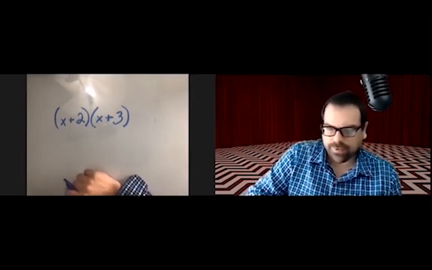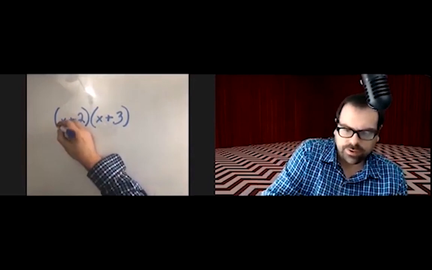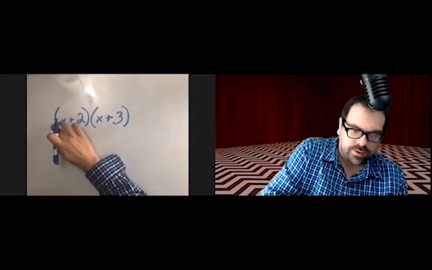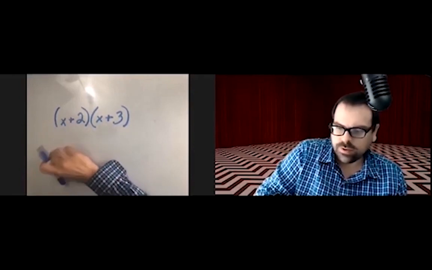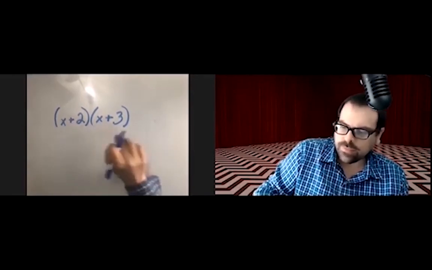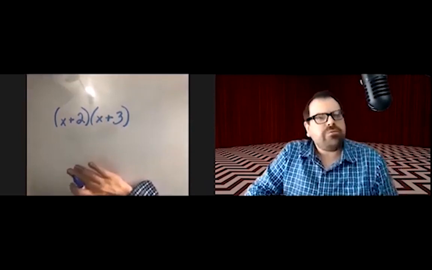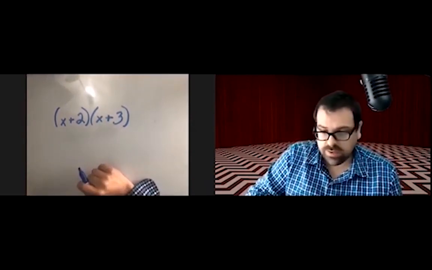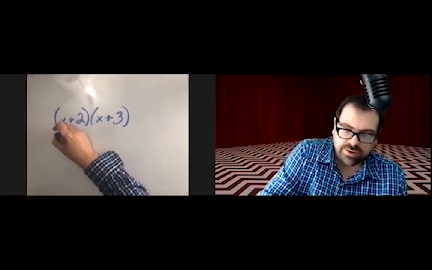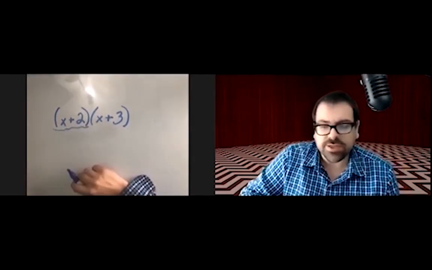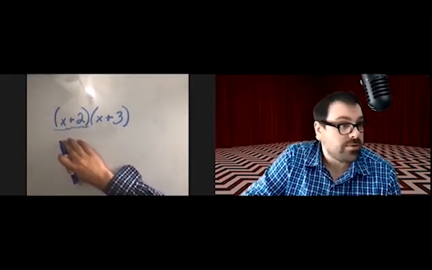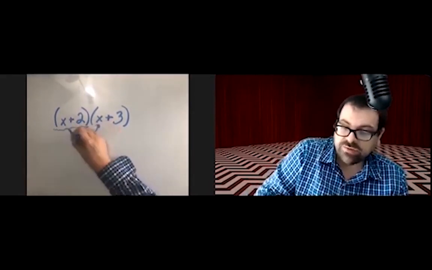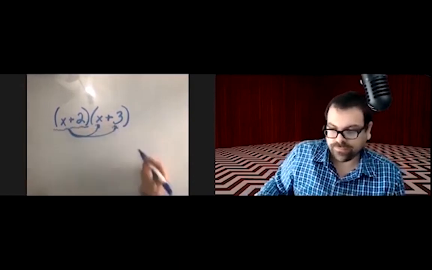Now, if we were to use the logic of what we just did, we could take this x plus 2 and consider it the thing on the outside. And we can multiply it by each of these things.